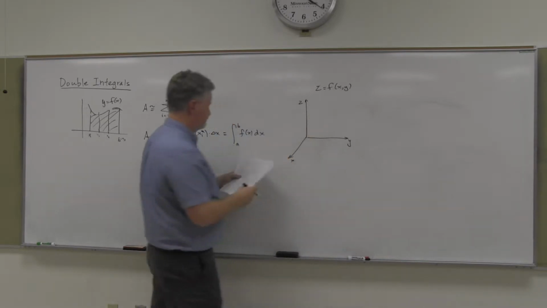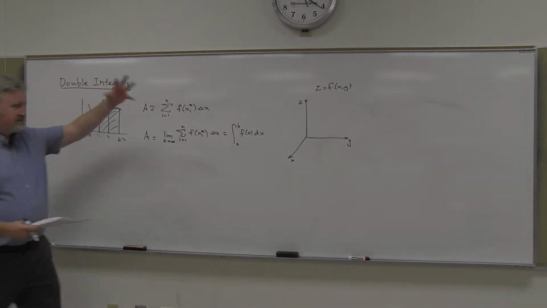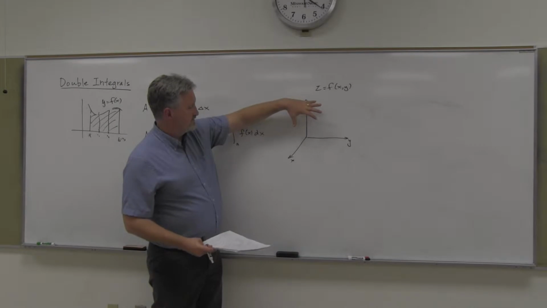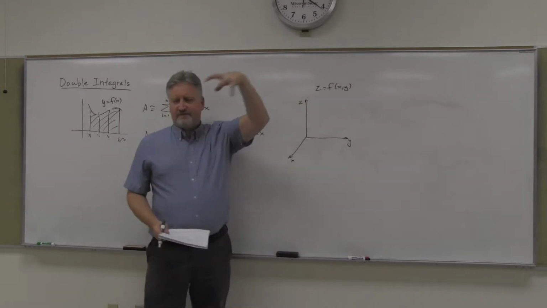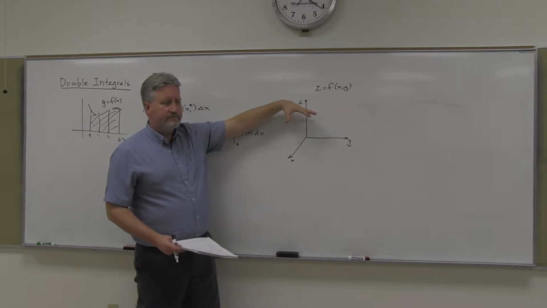Okay, so we've got this, I'm not even going to draw it yet, just to talk about it first. I've got this shape, whatever it is, where z gives me the height.